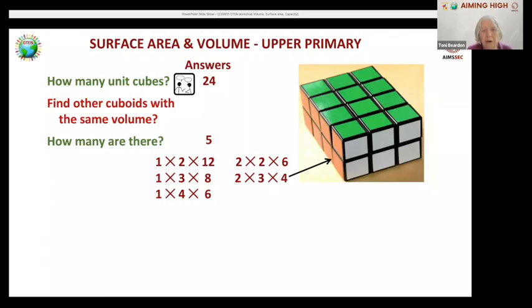Then we've had 2 by 1, so we won't repeat that. But now we go 2 by 2, and that must be 2 by 2 by 6. And then we go 2 by 3, and that's 2 by 3 by 4. And then there are no more possibilities, because if you go on to 2 by 4, you've already seen that, and so on.